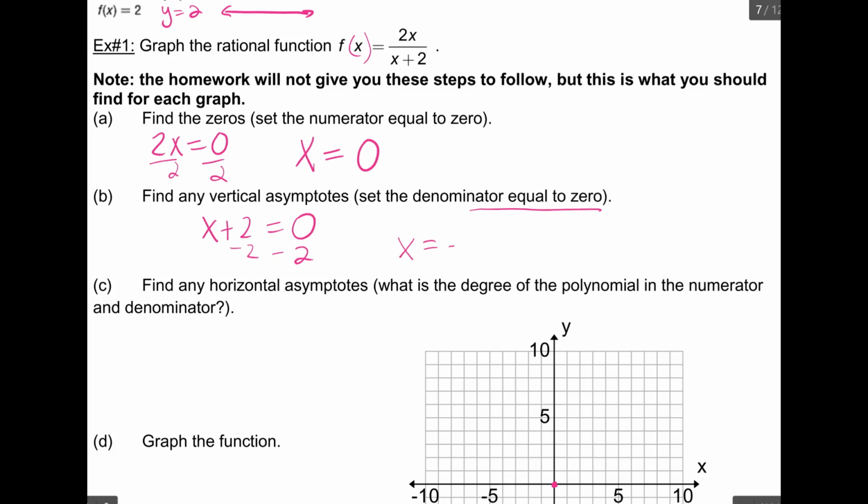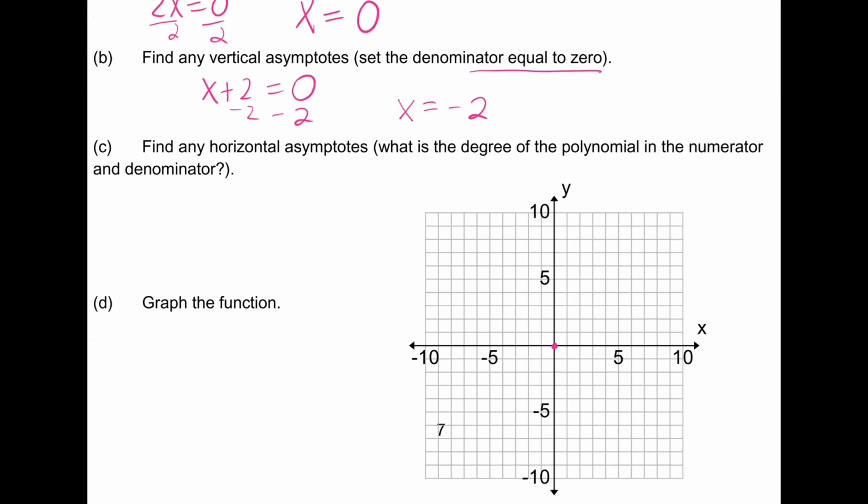So I have x equals negative 2 is the vertical asymptote. Let's go down here. So at x equals negative 2, I'm going to do a vertical dotted line because that is my vertical asymptote. Okay, so far so good.